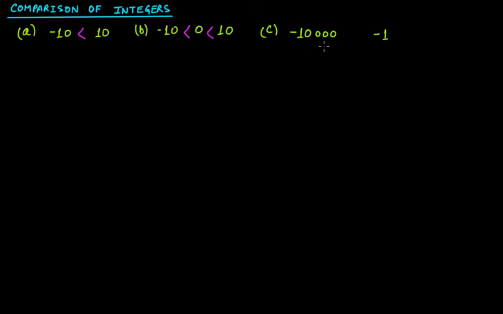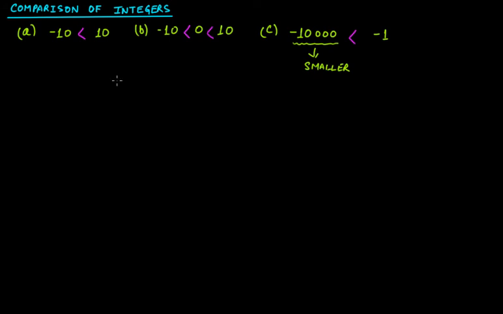So this 10,000 is actually larger than 1, but it has a minus sign, therefore that minus sign will make it a smaller number. Therefore minus 10,000 will be actually less than minus 1.